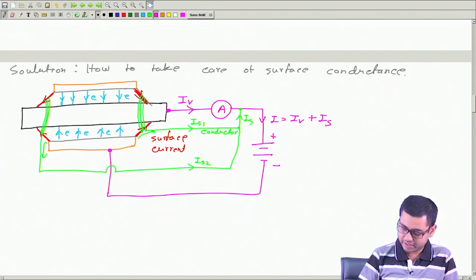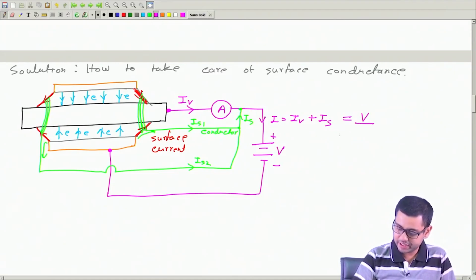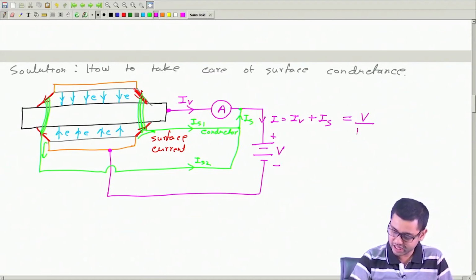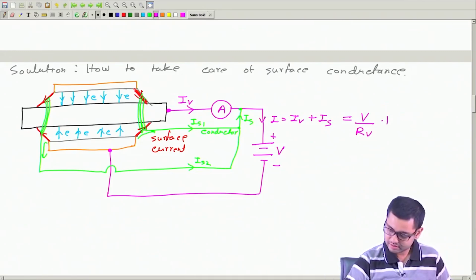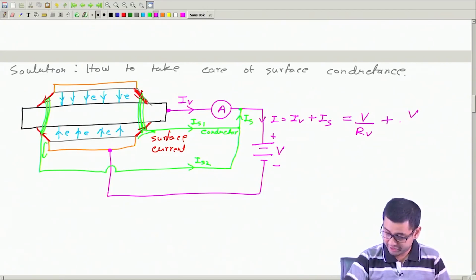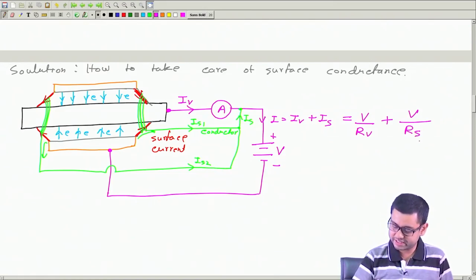Now, what is IV? We can further write it as IV is nothing but V, this voltage, divided by the volume resistance RV, plus IS, which is nothing but this voltage divided by the surface resistance.